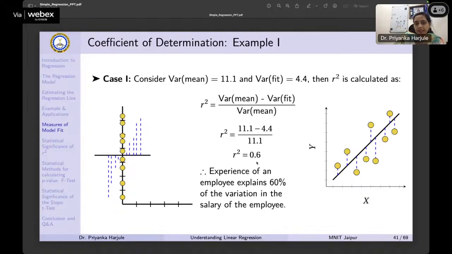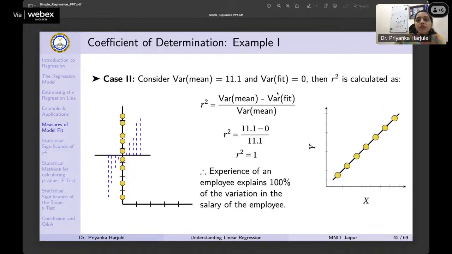It is 0.6. So that means this is the variation of mean, that is 11.1, and this is the variation of fit, and together they are giving us r square. So that means experience of an employee explains 60% of the variation in the salary of the employee. Okay.